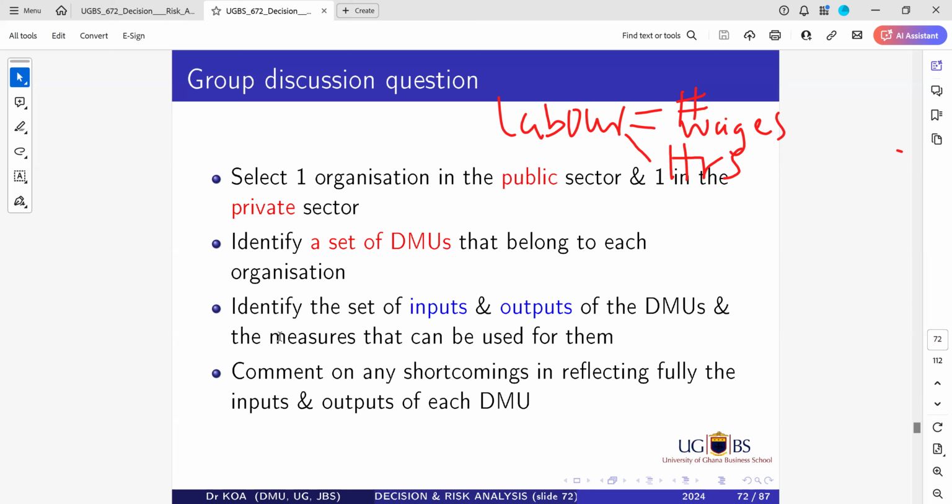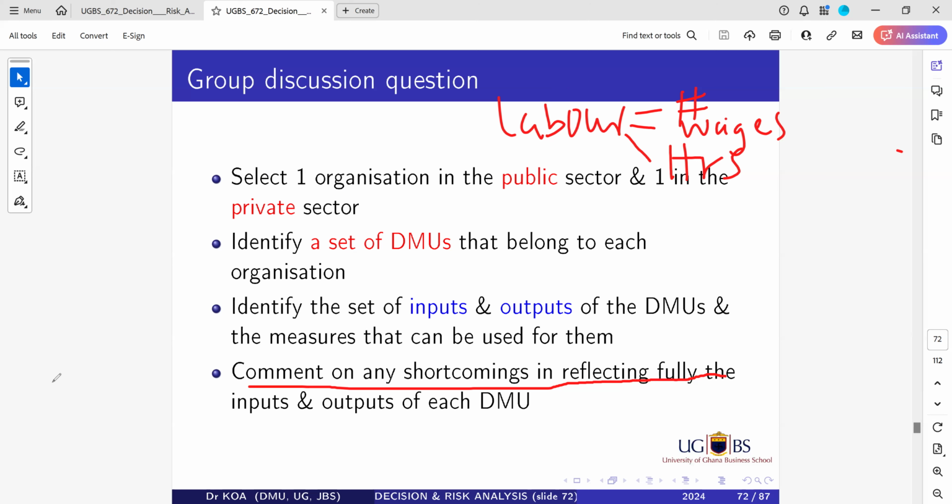And then comment on the shortcomings of any of the things that you detected. So, for example, you decide to use number of workers, but you realize that the number of workers is not a proper proxy measure, so you use wages. You mention that it would have been good to use the number of workers to represent labor.